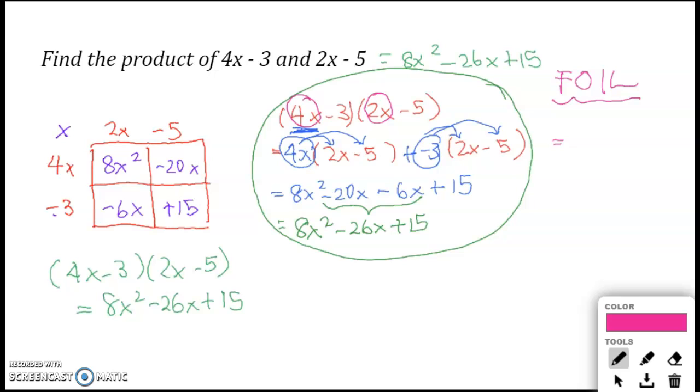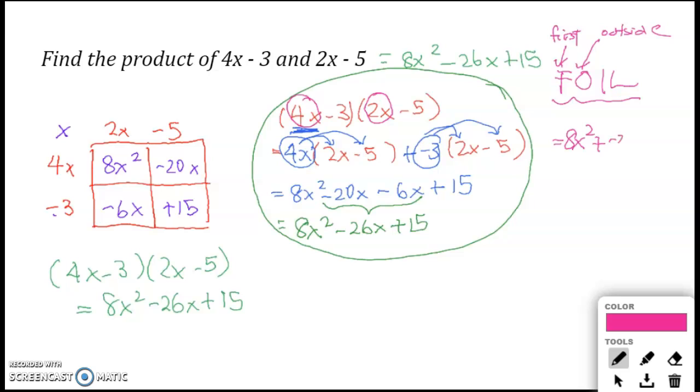First with first is 8x squared. And to that you are adding outside. This stands for first, and this is for outside. So that means you're multiplying the two terms on the outside. 4x times not 5, but 4x times negative 5.